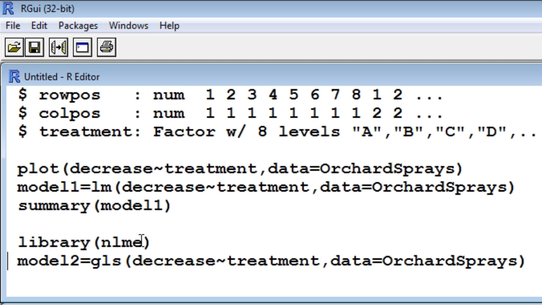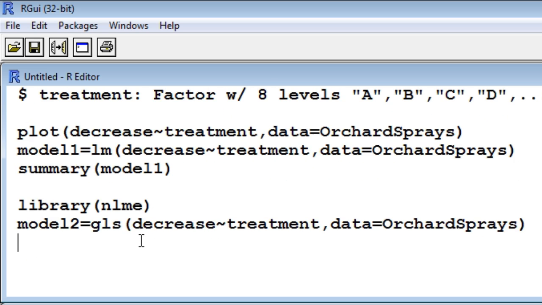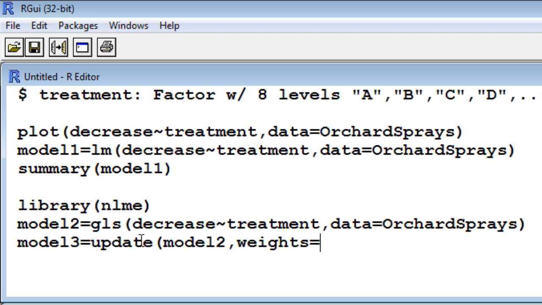Okay, let's do that. And let's update this model with a variance function. Model 3 gets update(model2, weights = varIdent(form = ~1 | treatment)).